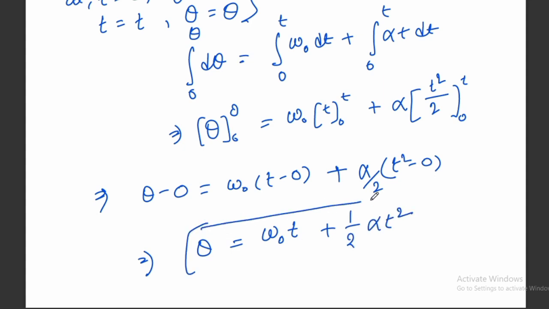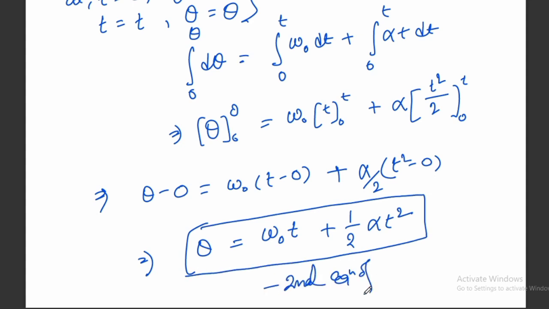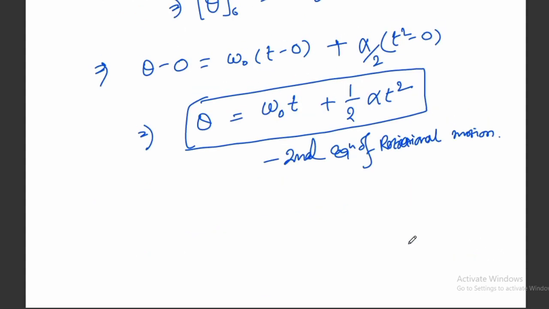This is our second equation of rotational motion. Theta equals omega naught t plus half alpha t square.